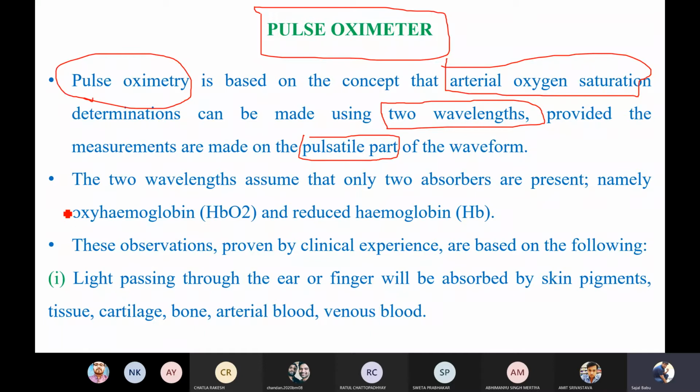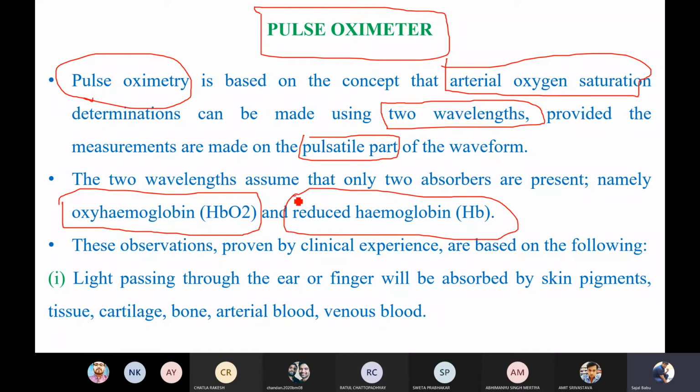Okay, one will be oxyhemoglobin, and the other will be reduced or deoxyhemoglobin. Okay, so it will be considered. But in practice it will not be like that. If you are giving two light sources of different wavelengths, it is not that the two will be absorbed only by oxyhemoglobin and deoxyhemoglobin. It will be absorbed by the remaining part of your body also.